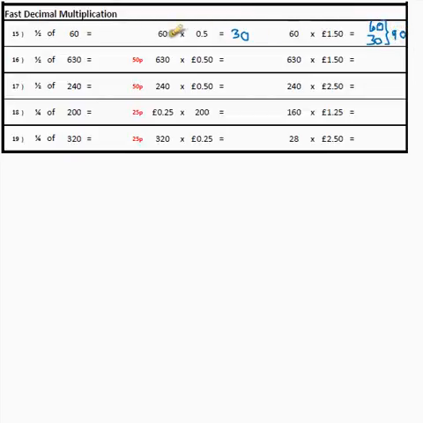Okay, so remember the 0.5 method you can use when you have something like 50 pennies. There's 630 students who each pay 50 pennies. So that is simply a half of 630. And if we work out what a half of 600 is, 300, what a half of 30 is, 15.